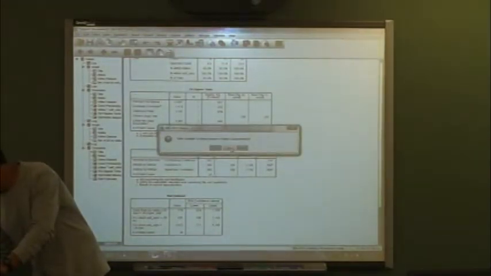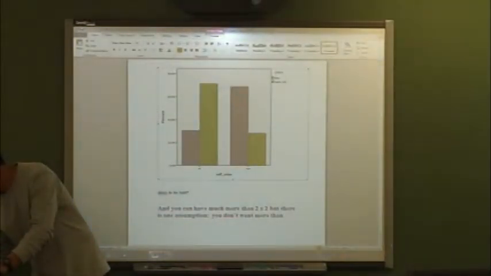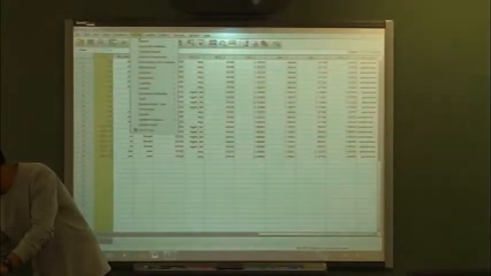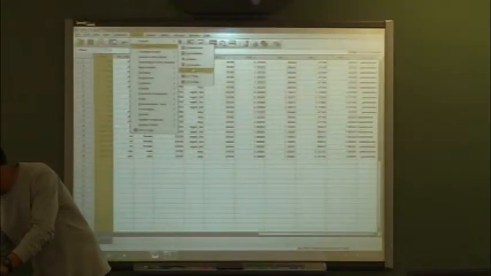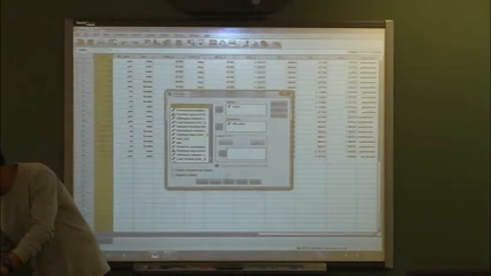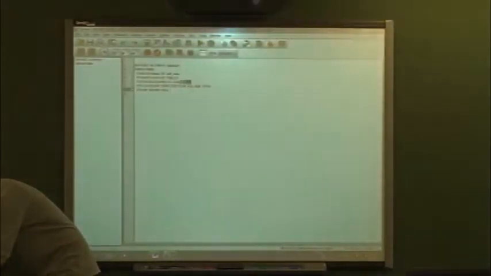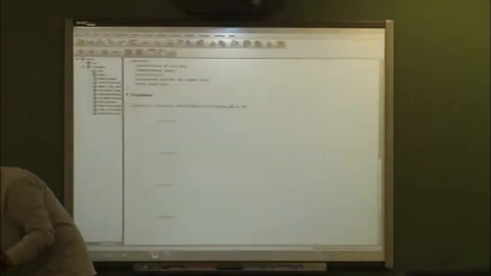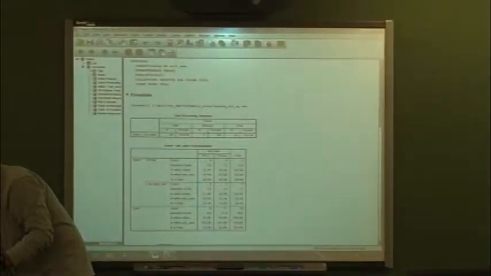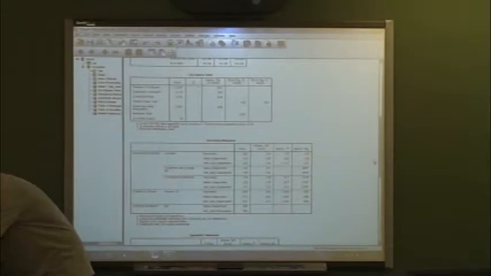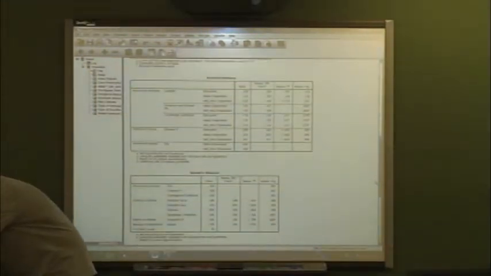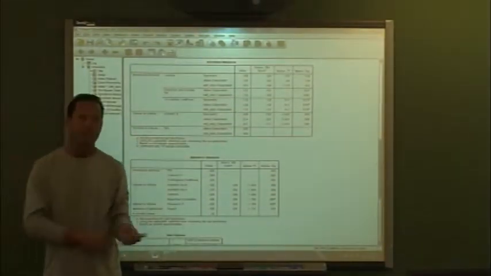Let me show you one thing really quick here, just to show you what you can get with a 2x2. Let me just get all the statistics. Not many people use this statistic.